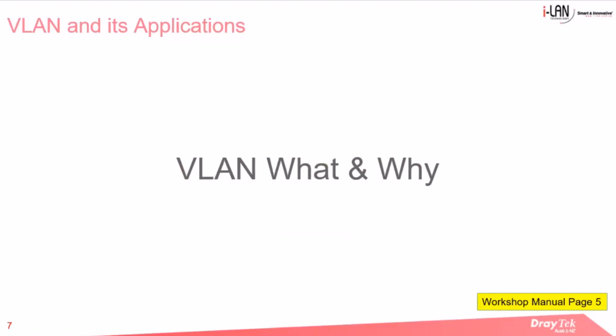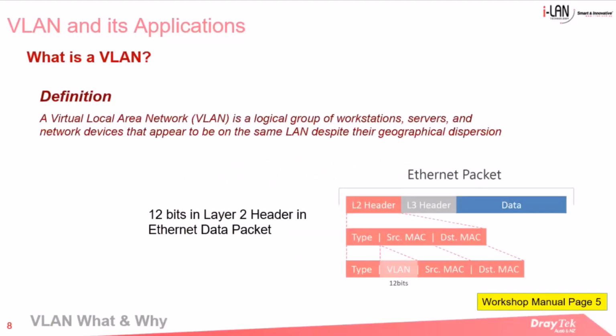So, what is VLAN and why do we need to use VLAN? Here I have a definition of VLAN, which says a virtual local area network is a logical group of workstations, servers, and network devices that appear to be on the same LAN despite their geographical dispersion.